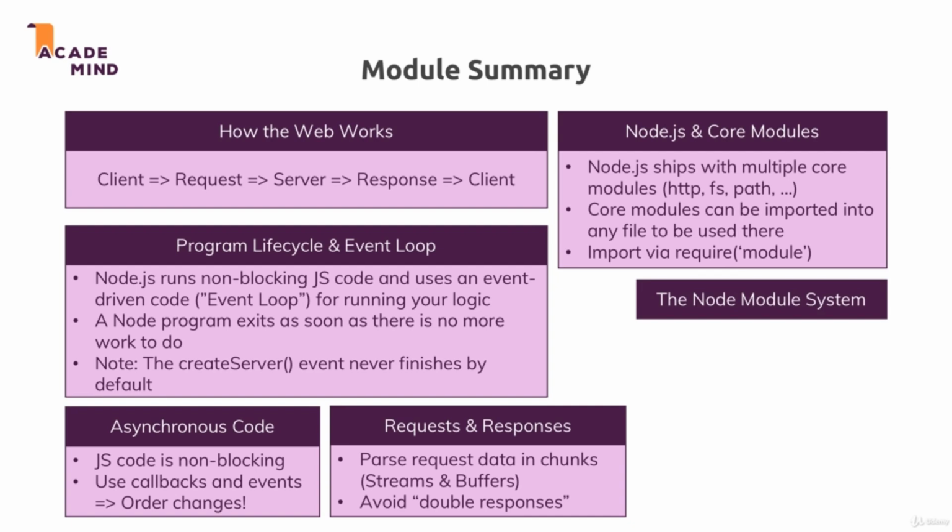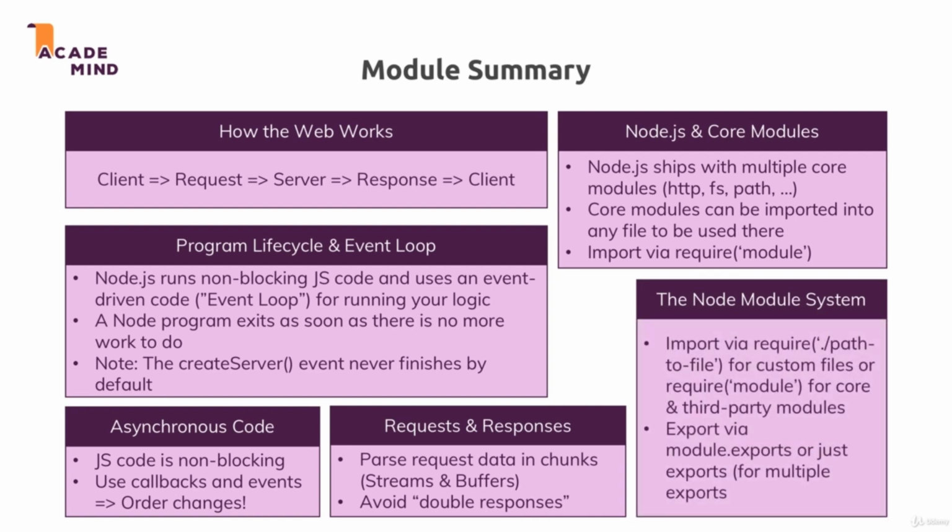Now that leads us to the Node module system, and this basically works with the help of this require keyword, which pulls some functionality from one of our files if we start with / or ./, or from a core or third-party module. We haven't used any third-party modules thus far, but we'll do that soon.